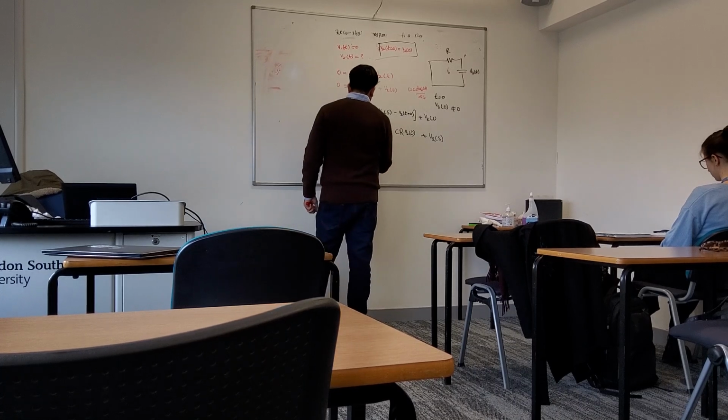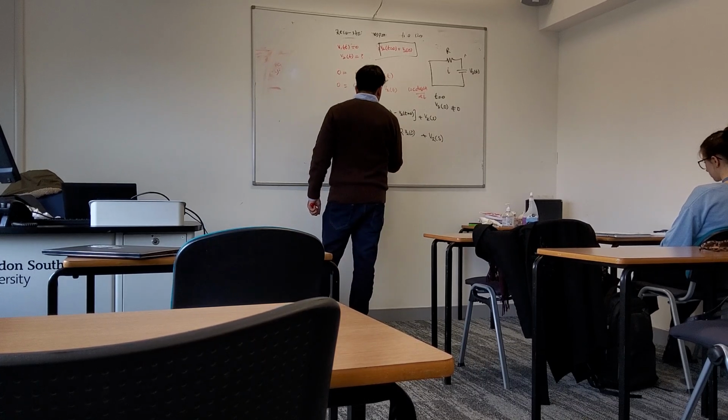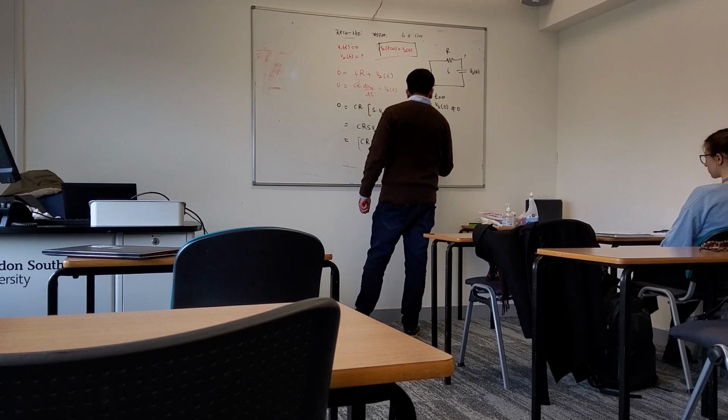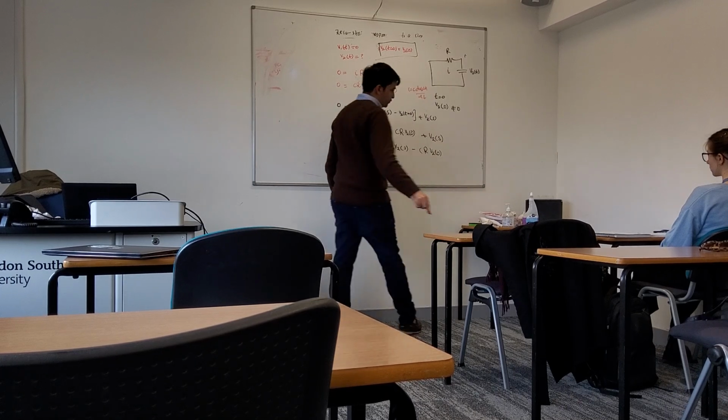Okay, now we have CRS plus 1 V2 of S minus CR V2 of 0.